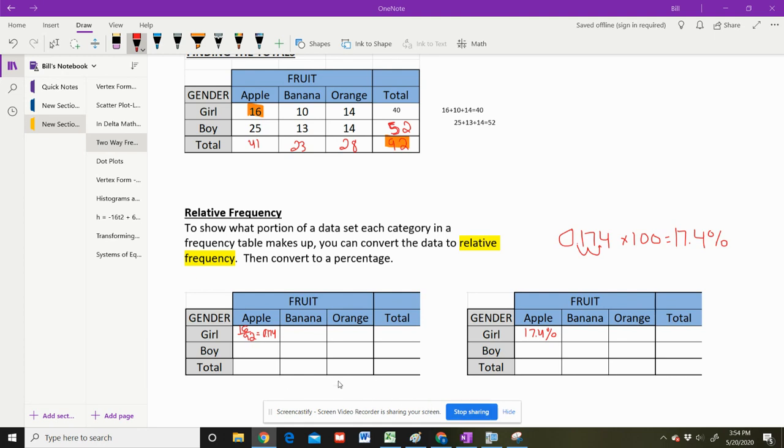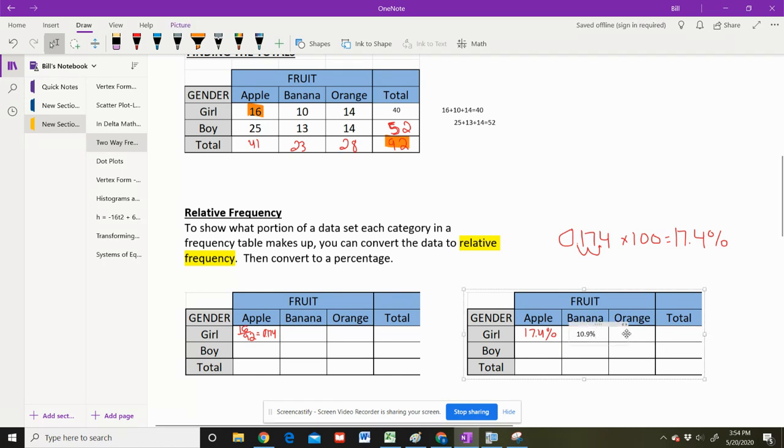So now what we're going to do, we're just going to fill out the rest of this. So in this one, let's see. If I do this out, I'll end up with 10.9%.